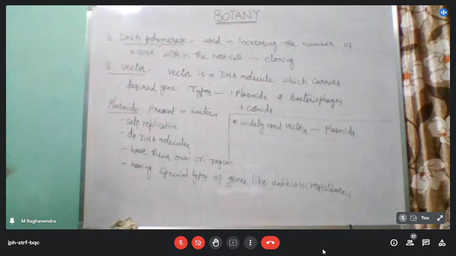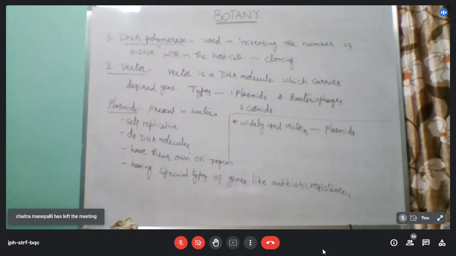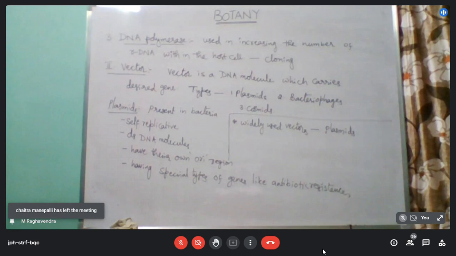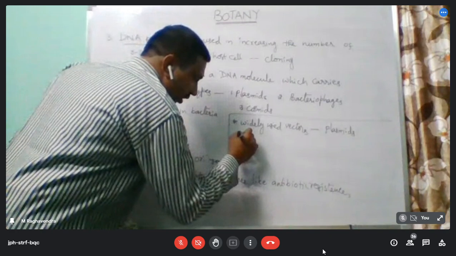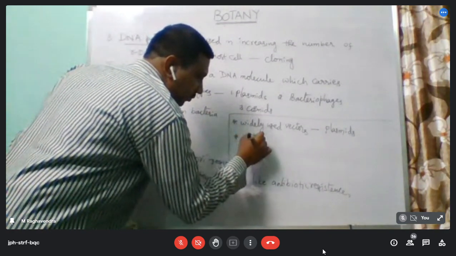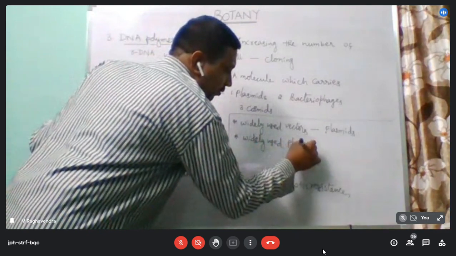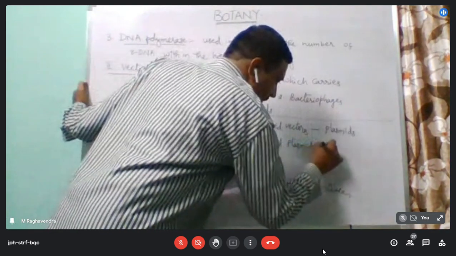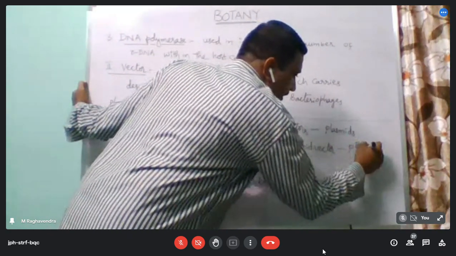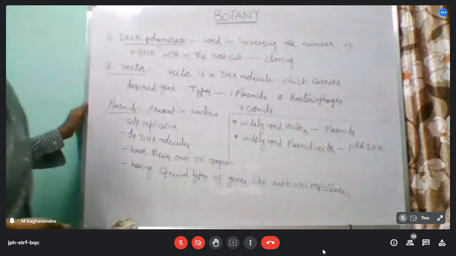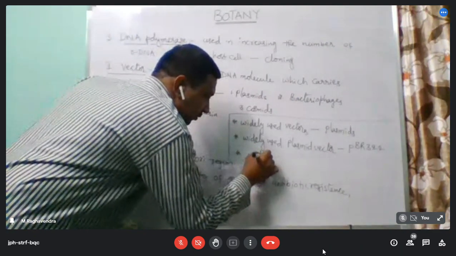Among bacteriophages, plasmids, artificial chromosomes, and transposons, different vectors are there, but the widely used vectors are plasmids. And the widely used plasmid vector is pBR322.